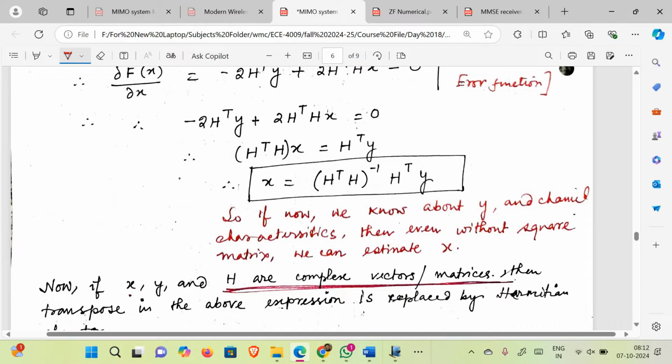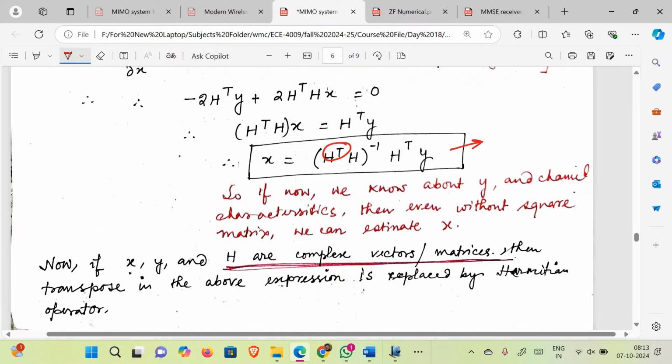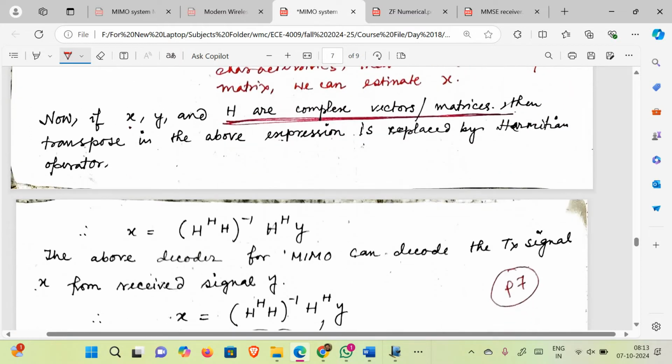So as they are real values, we will consider this as the transpose. So this equation is what is necessary for solving the questions. But if H is given in complex terms, then this transpose is replaced by the Hermitian operator. Now this Hermitian operator or the transpose operation, I think in your calculators you already have that option.